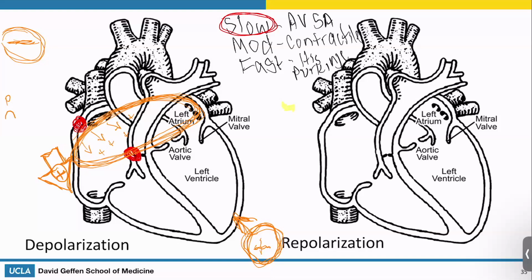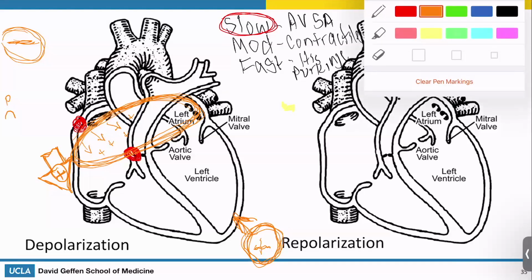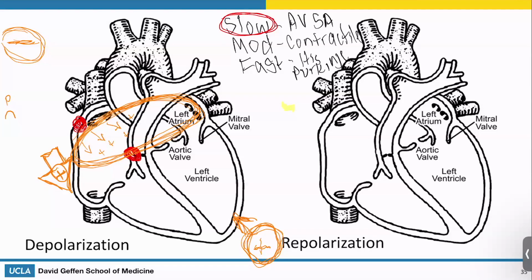Now we're going to move to slow conduction. We've now made it to the AV node, and we know we have to pause here. Normally on an EKG, we get an isoelectric line.